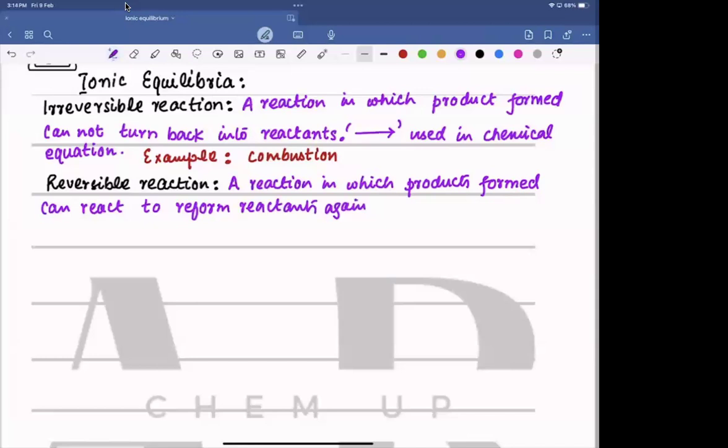And for such reactions, when we are writing the chemical equation, we use this arrow which shows the reaction is heading in both directions, forward and backward.